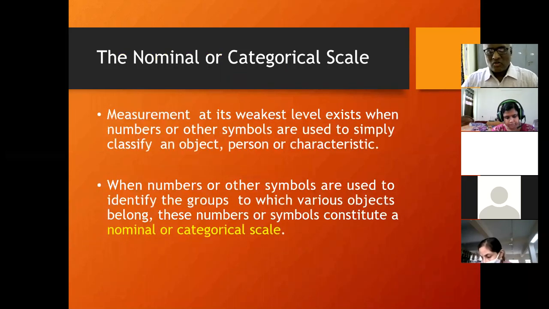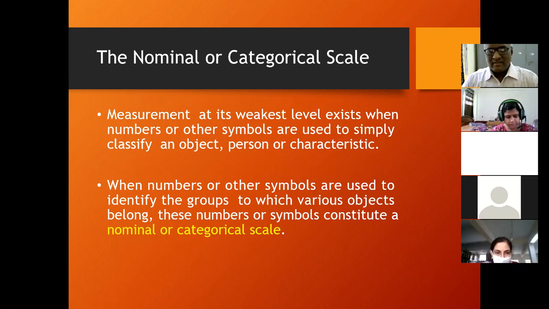First, let us take the nominal or categorical scale. This is the important scale for qualitative research. A measurement at its weakest level, I say it is not strong, it is very weak, exists when numbers or other symbols are used to simply classify an object, person, or characteristic.